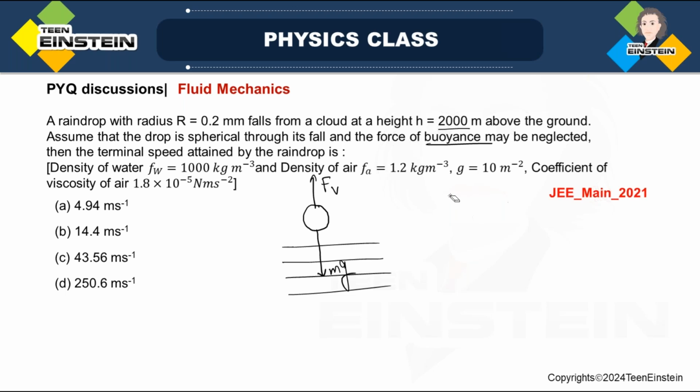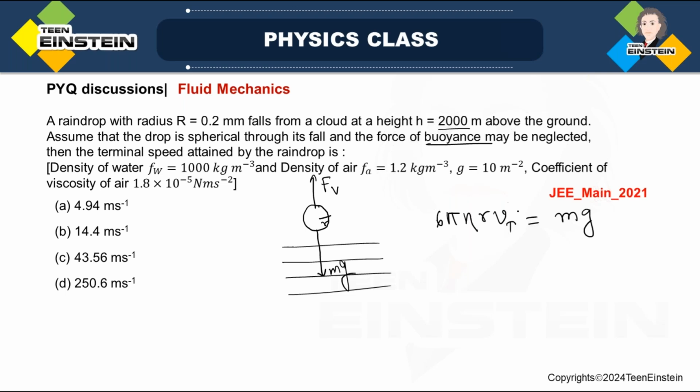So the viscous force is obtained by Stokes' law, that is 6 pi eta r v. R is the radius of the raindrop, and v is the terminal velocity. Let us take that 6 pi eta r vt is equal to m into g.